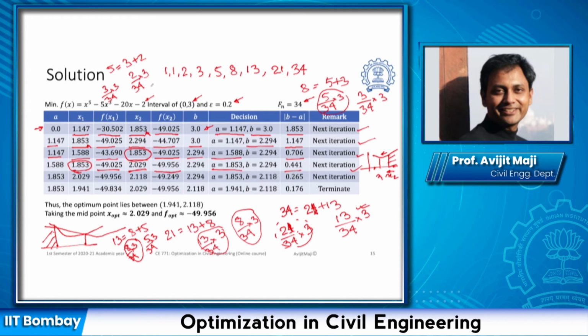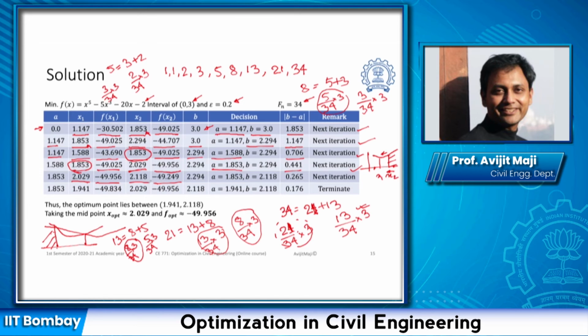Now if we find the points based on these two fractions from the revised boundary, the points are going to be 2.029 and 2.118, and 2.029 is the point which we can retain from the previous iteration. So we are using the same function value and the new function value is going to be this. The point which we obtain as a new point has a function value not as good as the one which we retained.